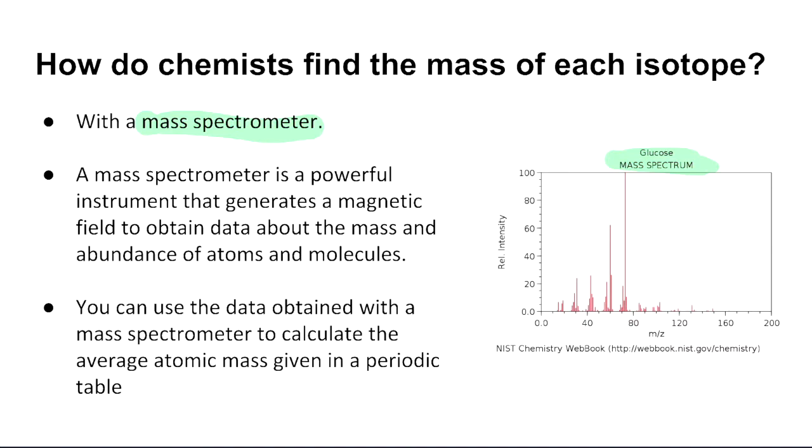You can use the data obtained with the mass spectrometer to calculate the average atomic mass given in a periodic table. Understand also that the average atomic mass is the atomic mass of the element on the periodic table, and you'll see it's a large decimal value.